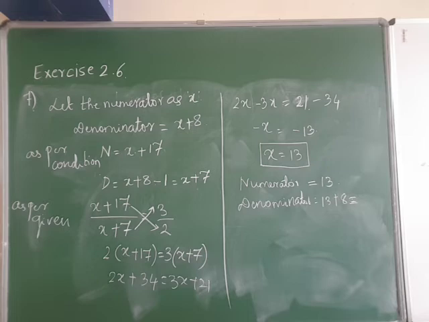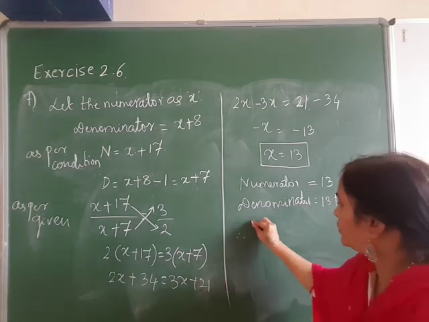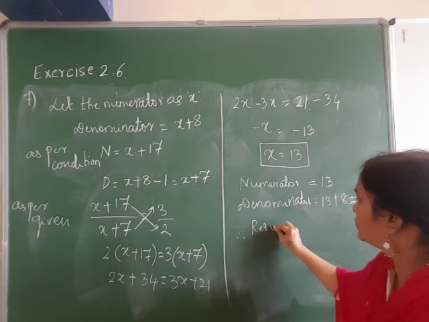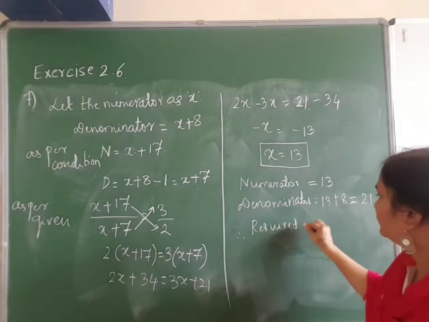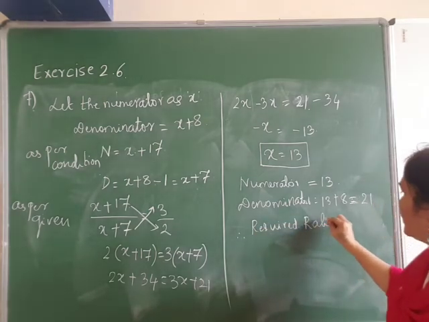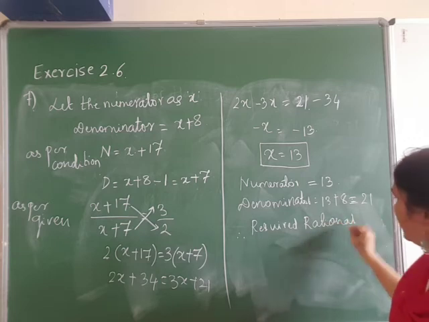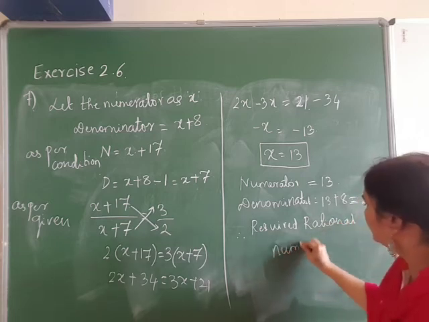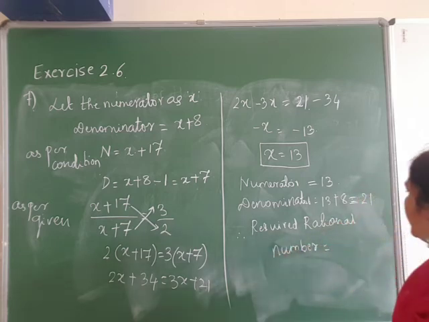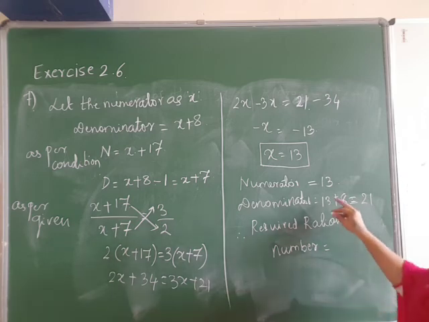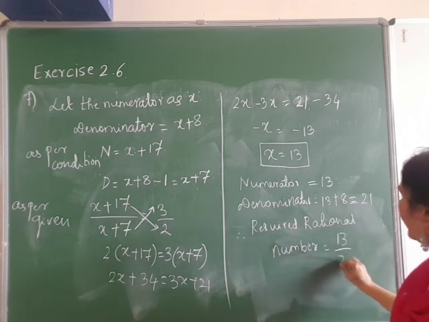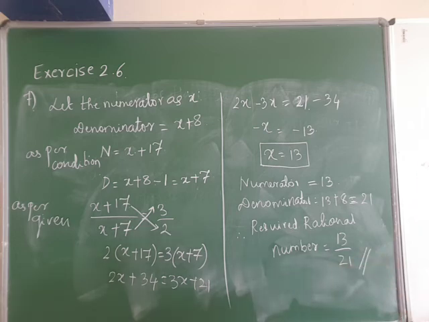How much will it be? 21. So now what we got is the rational number. Therefore the required rational number is numerator divided by denominator, 13 divided by 21.